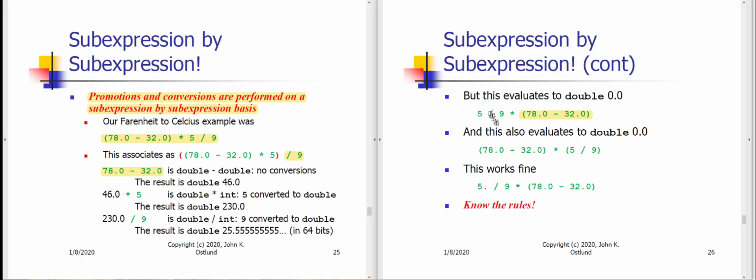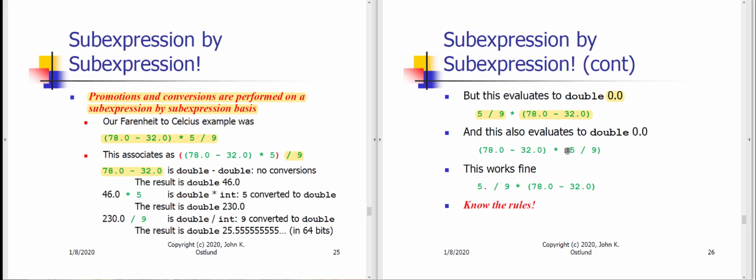And remember that division and multiplication are evaluated from left to right. So 5 divided by 9 occurs before the multiplication, and 5 divided by 9 gives me an integer value of 0. All right, int divided by int gives you the whole number part as an int. So 5 over 9 is 0. 0 times anything is 0. So we end up with a double precision 0.0 as the result of this thing.